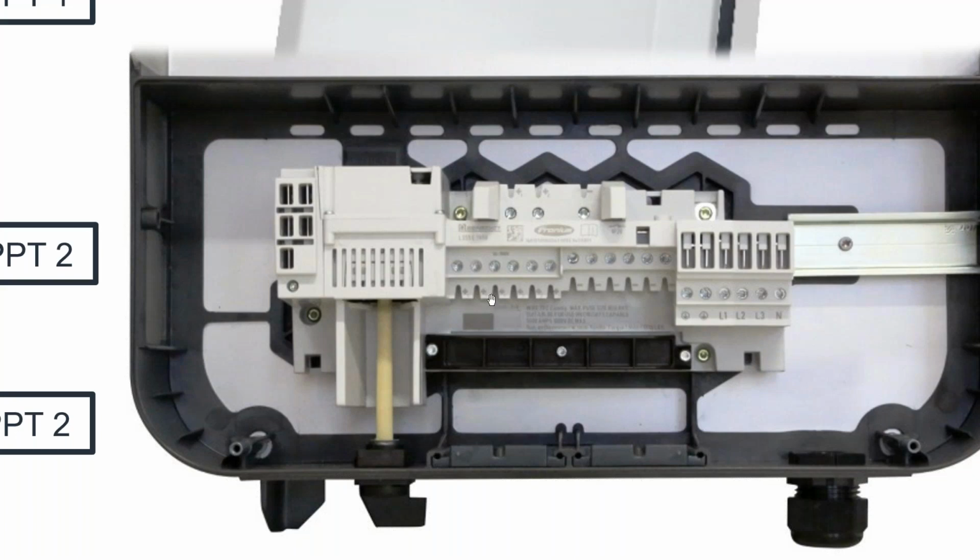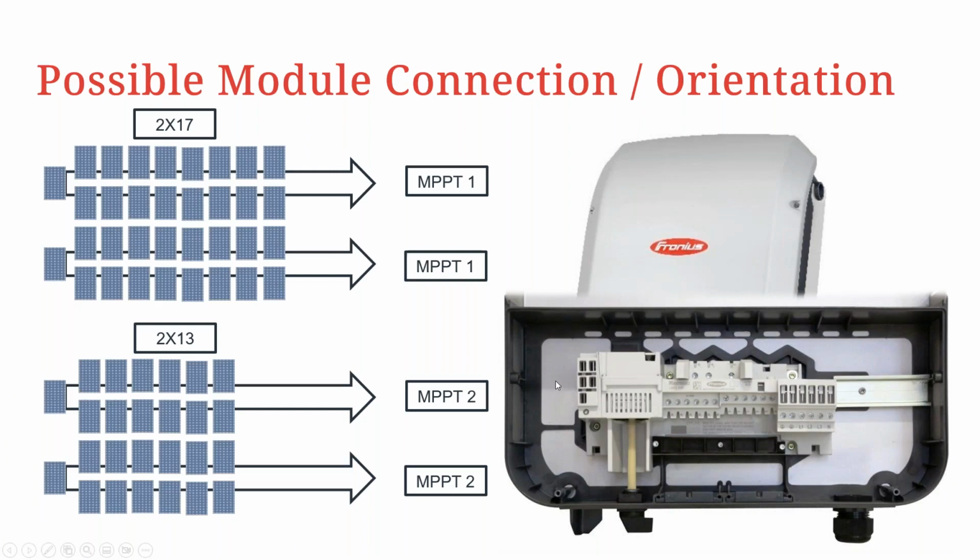So if the first array connected to MPPT1 is due east, it's going to generate more energy from sunrise to say noon, and then from noontime to sunset, more energy will be generated from the panels connected on MPPT2, that is due west. So once we do this, we're going to maximize the solar yield production. I hope I have passed on a very important point to all of us.